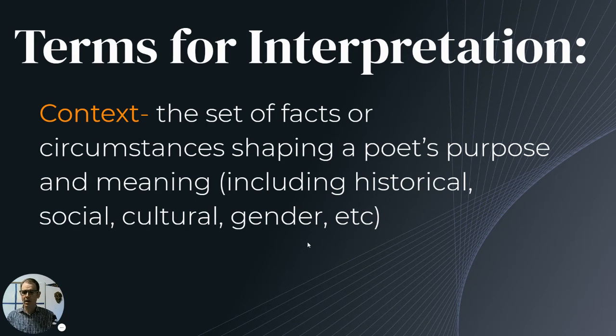Okay. If we know that the poet was living through a time of war, that's going to help us to understand inside. If they were living through a plague, that's going to help us understand. If they were living in a time of peace out in the woods, nobody else around, that's going to help us understand the poem. So what's going on inside and out?